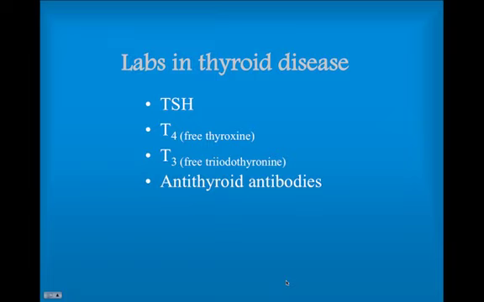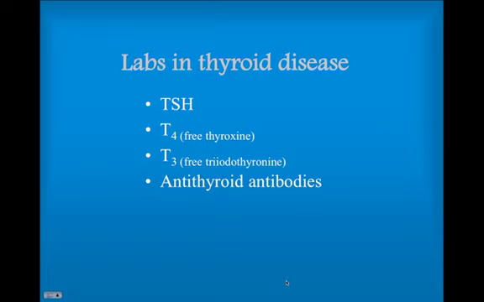What are the labs in thyroid disease? TSH is the common measure of how well you're doing with treating thyroid disease because of the feedback loop. The problem with T4 and T3 is that they can be protein bound and therefore sometimes a little more complicated to measure.